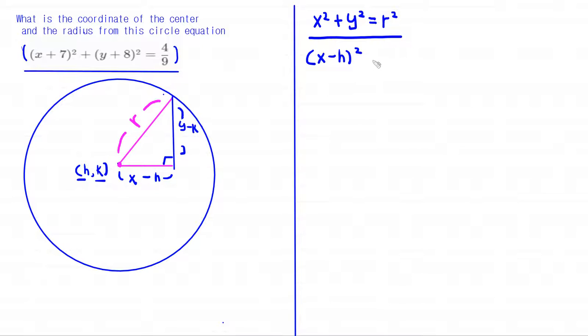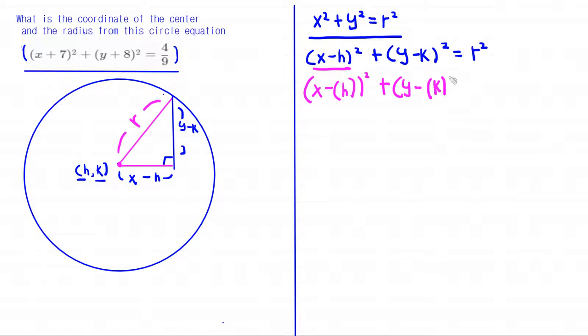squared plus y minus k squared is equal to r squared. If we write this out, the h value in x minus h is a positive value, squared, plus y minus k, where k is a positive value as well, is equal to r squared.